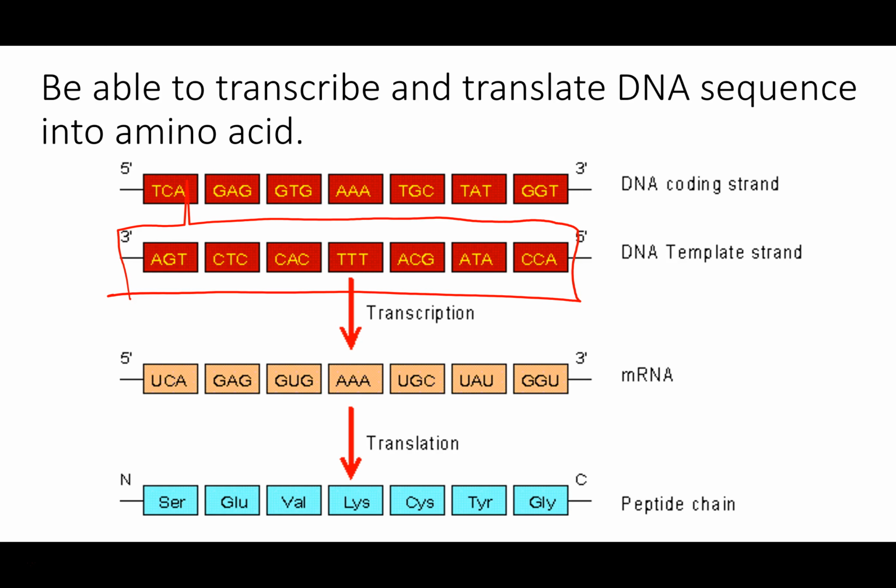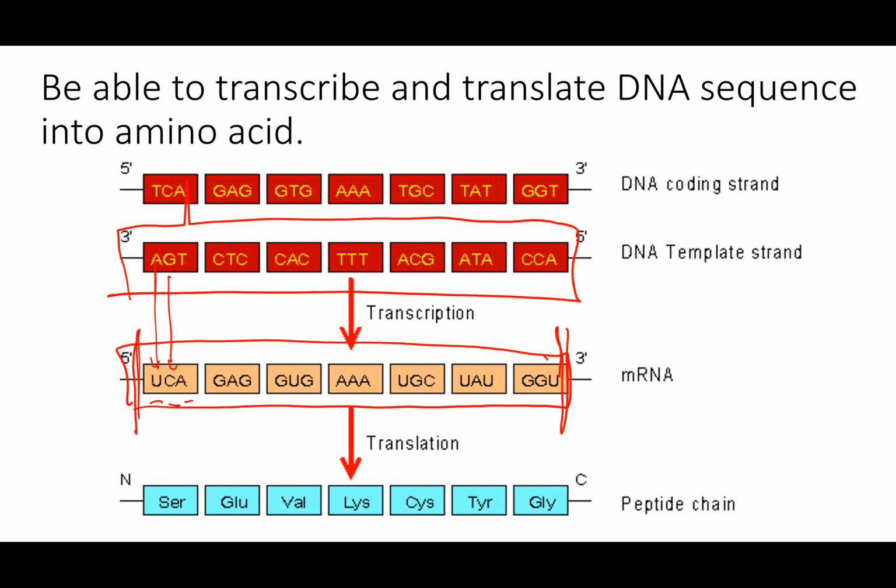Transcription means that A is going to be paired to U, right? So U, C, A, because G pairs with C, T pairs with A, A pairs with U. So you're going to write out the sequence to become the mRNA, and then during the test, you don't have to look for the start codon, because I'm just going to tell you this is the starting point, this is the ending point.